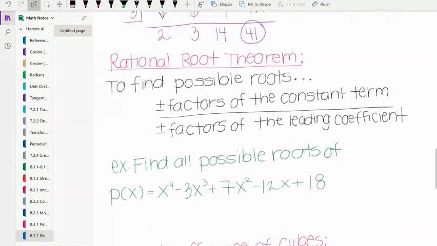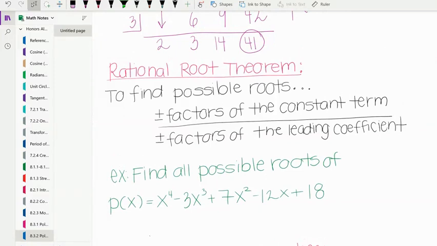If we're looking at this example, we have x to the 4th minus 3x cubed plus 7x squared minus 12x plus 18. If I wanted you to find all the x-intercepts, the first step would be to find the possible roots. The possible roots would be plus or minus the factors of the constant term, which is 18.